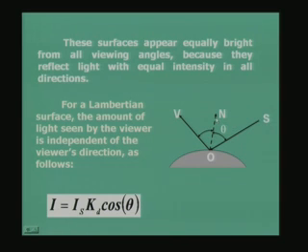The angle is between the vectors N and S. N is the surface normal; this arrow shows the direction of the light source, not the direction of the source vector with respect to the object point O. N and V show the direction of the surface normal and the viewer direction respectively.